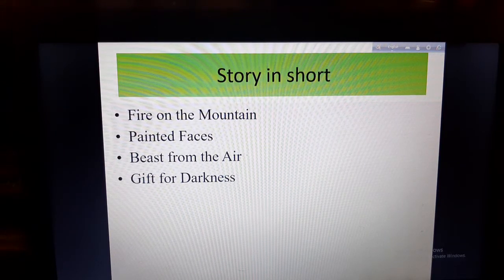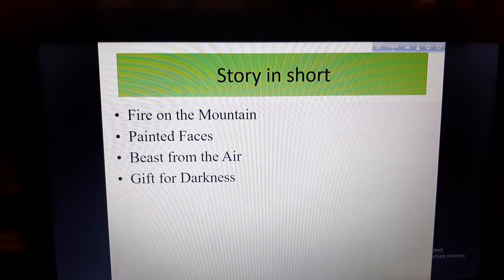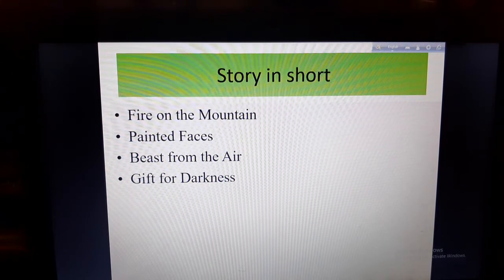The text is divided into four parts, and in my previous class I discussed these four parts. On the basis of these four parts, today I will focus on the main story.